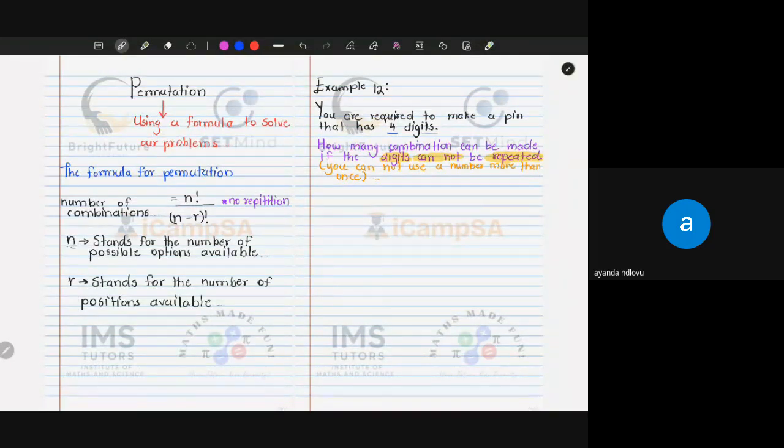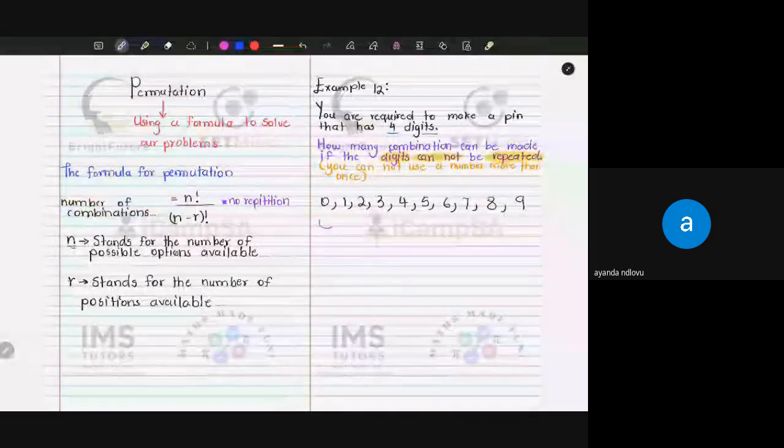So remember that, guys, if we are forming a 4-digit pin, we are going to get those digits from 0, 1, 2, 3, 4, 5, 6, 7, 8, and 9. These are the numbers that we are going to choose from.